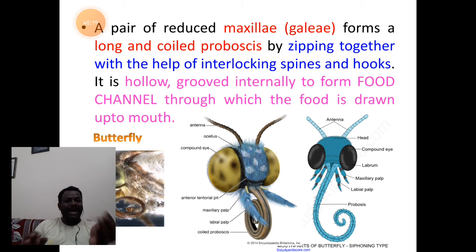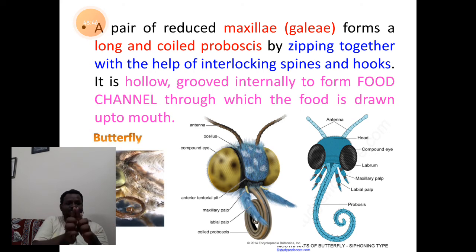So, we have understood that the pair of maxillae are joined to form the long coiled proboscis. And while joining the two galeae of the maxilla, you find the arrangement of the proboscis is like a zipping arrangement. They can open up and close.